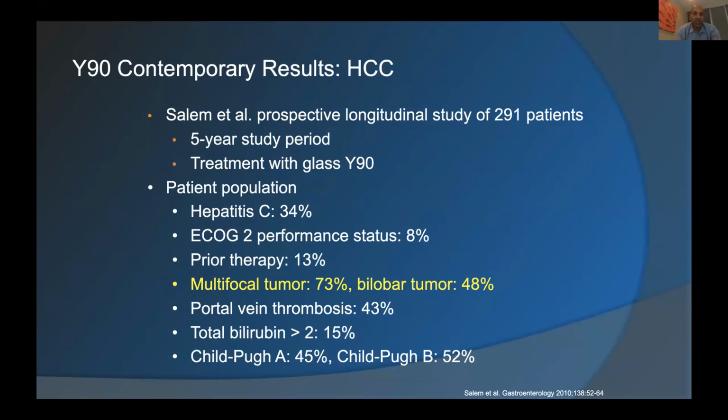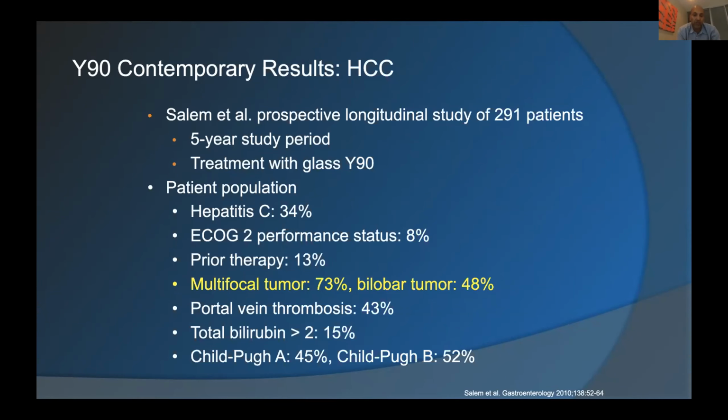So why did the data evolve like this? Now I say contemporary results, but now that I look at it, it's not that contemporary. Riyad Salem published this 10 years ago now. This was the initial seminal paper for radioembolization, a prospective, single-arm study of 291 patients. But the main thing to keep in mind is that at Northwestern at the time, they were still doing ablation for early disease, TACE for intermediate disease, and Y90 for intermediate to advanced disease.